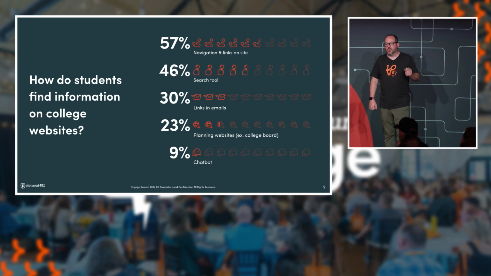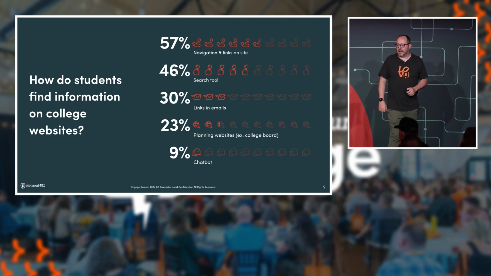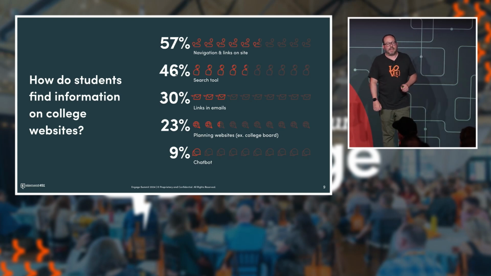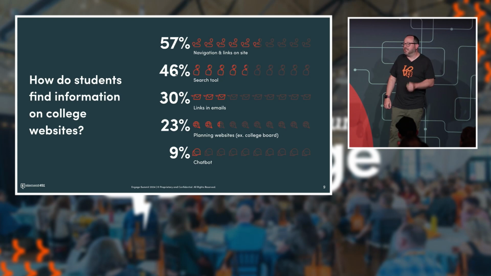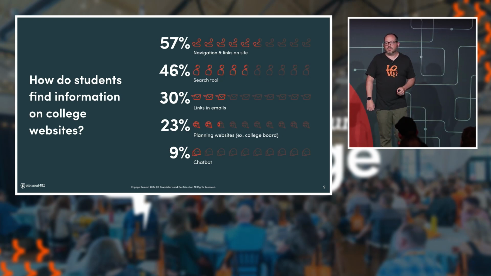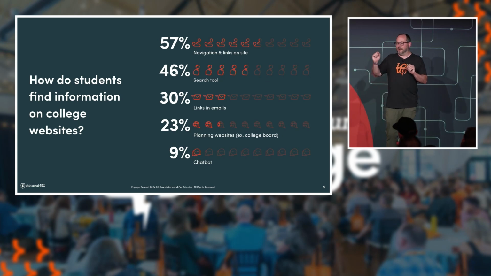So today, we do see students and our visitors to our websites are largely using navigation links. They're using those menus. But again, that is a friction point. So we're seeing the most used way of finding information on a website is also the top frustration that students are having.